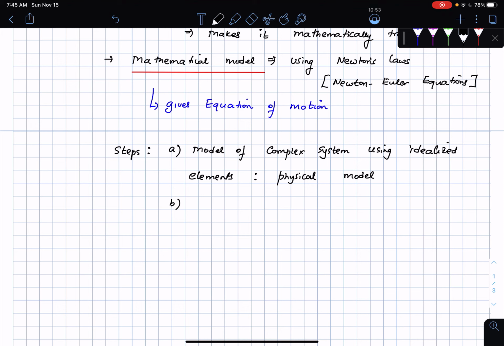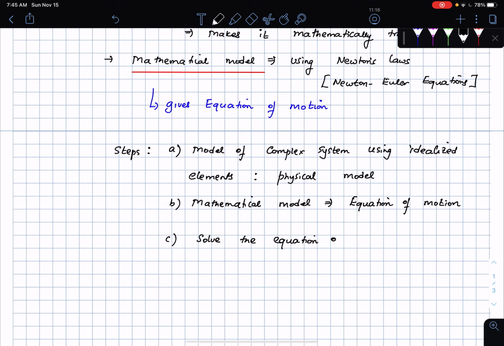Okay, then you come up with a mathematical model, which is going to typically be the equation of motion. Then you solve the equation of motion. Okay, there are several ways of solving this depending on whether the system is linear or non-linear.